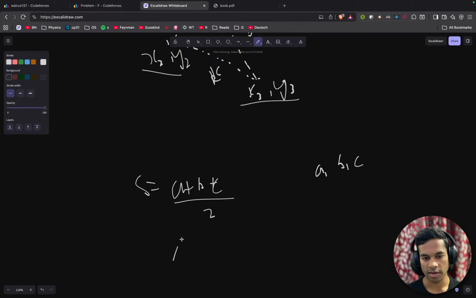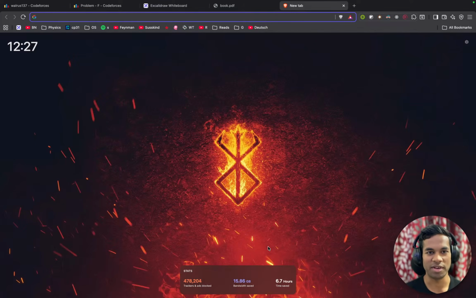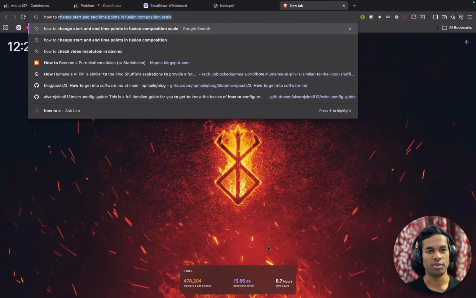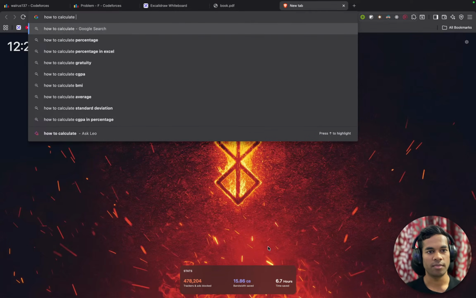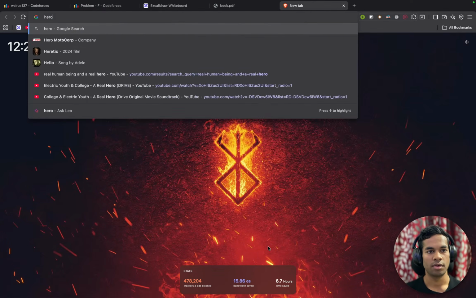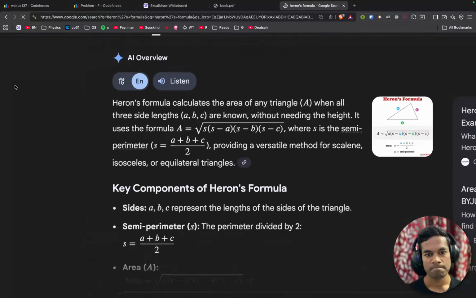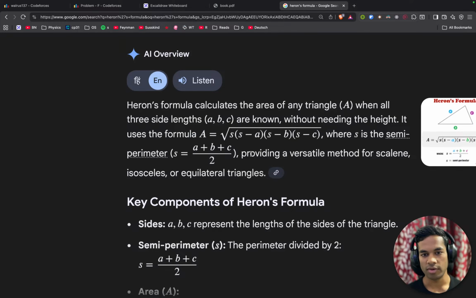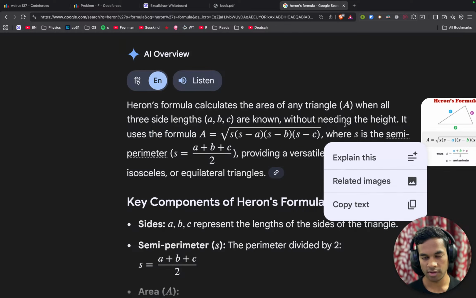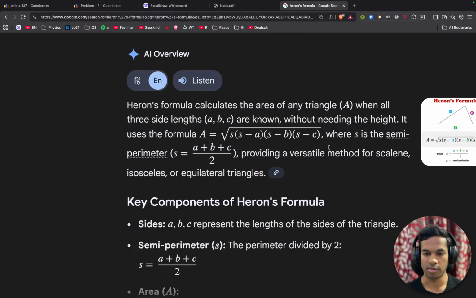This is S, and the area is under root S. Okay, I don't know, I'm just speaking out of my ass how to calculate Heron's formula. Class 9th, yes. Close enough. S into S minus A, S minus B, S minus C. But calculating S is not very good.